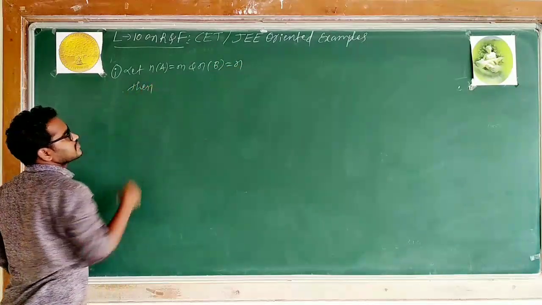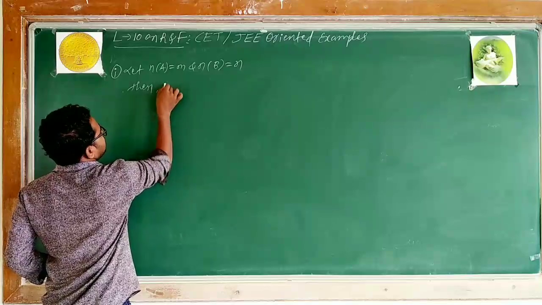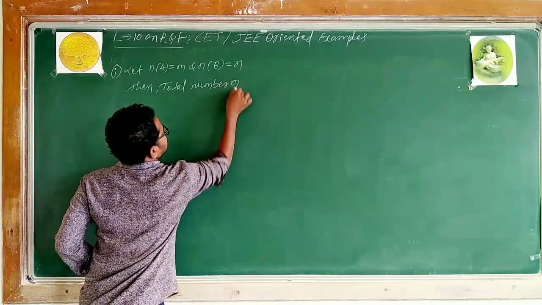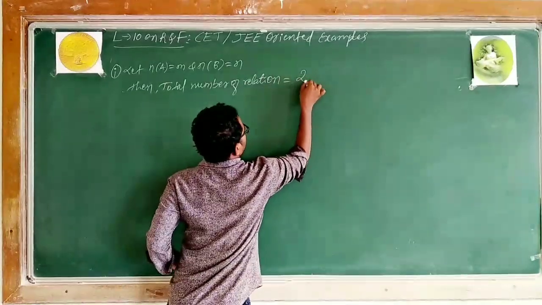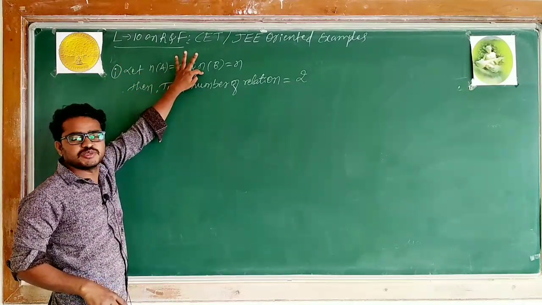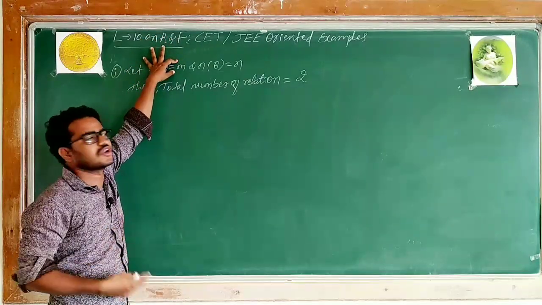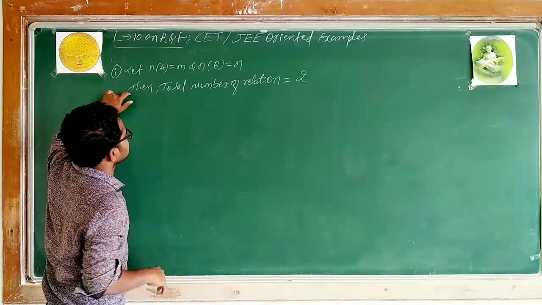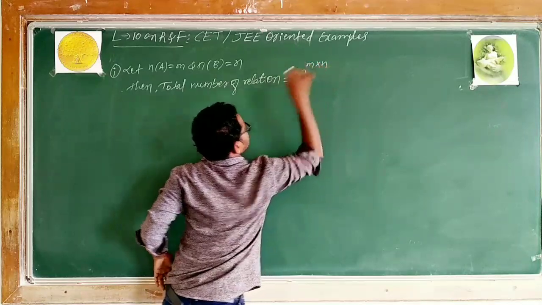Then the total number of relations is equal to, as I said in the previous class also, whenever A has m elements and B has n elements, it may be 2, 3, 4, 5, whatever. In that case the total number of relations is equal to 2 to the power m into n.